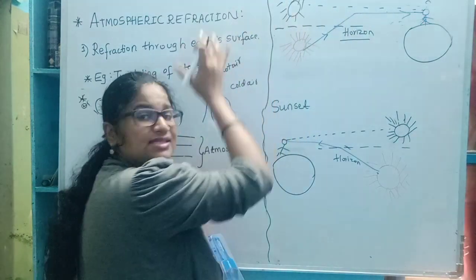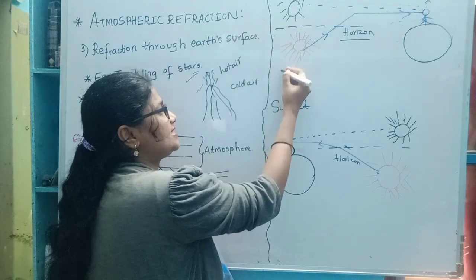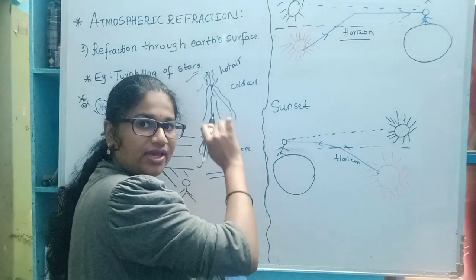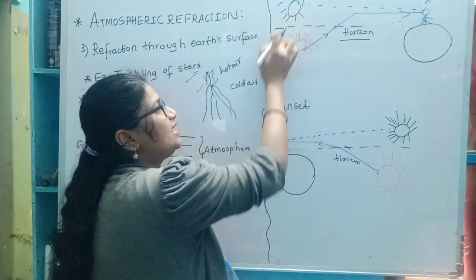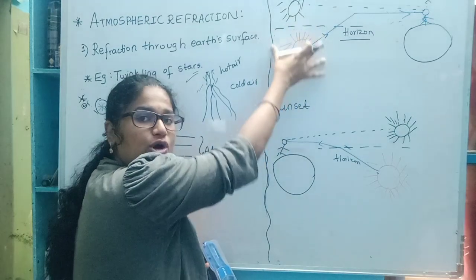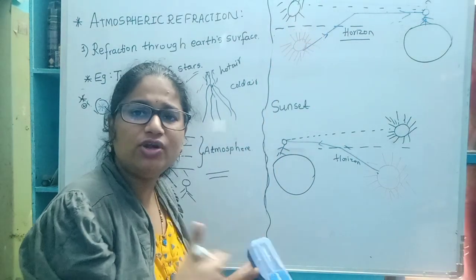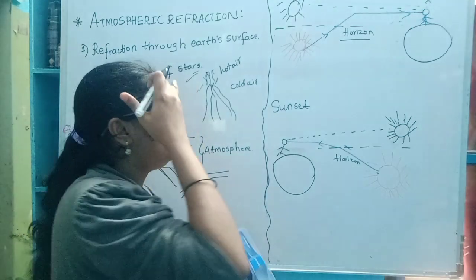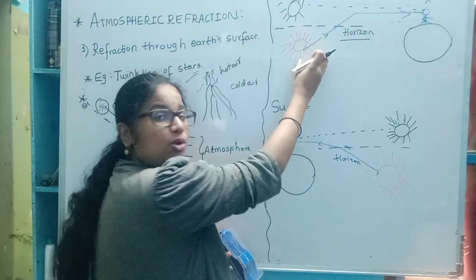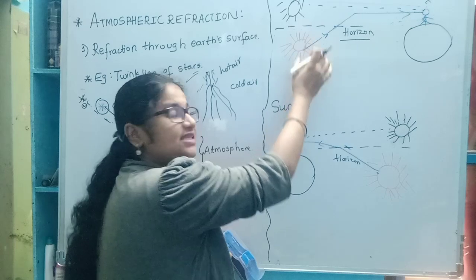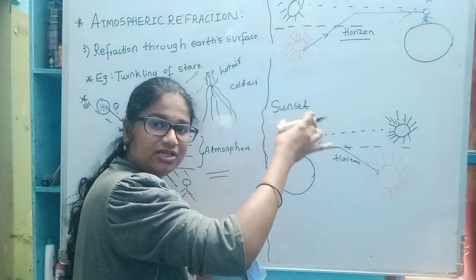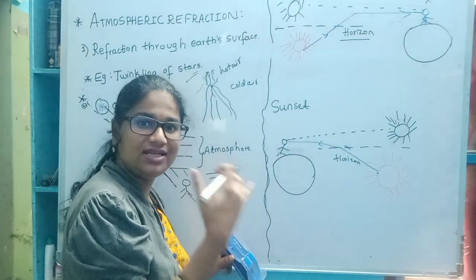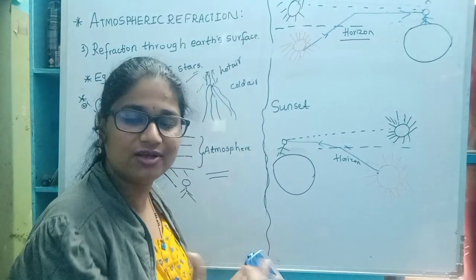And during the sunrise, what happens? Let us take this as a sunrise. During the sunrise, the sun is below the horizon. Below the horizon means we are not able to see the sun actually. But a light from the sun is incident through the atmosphere. We know that the atmosphere has several layers, denser and rarer mediums.